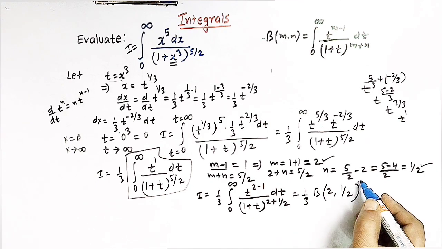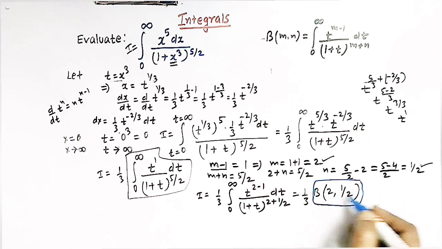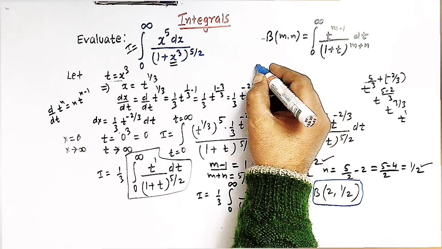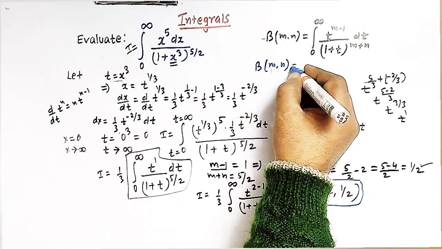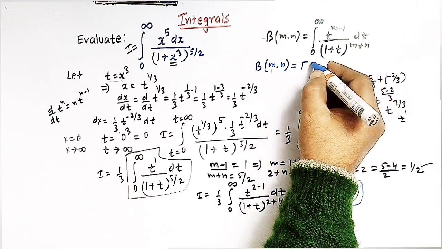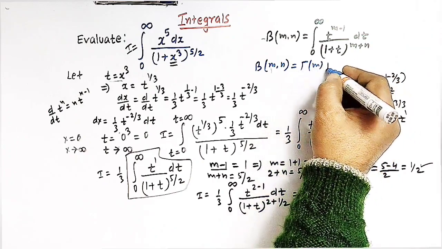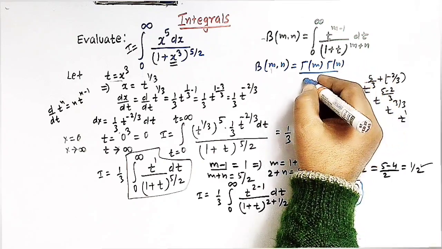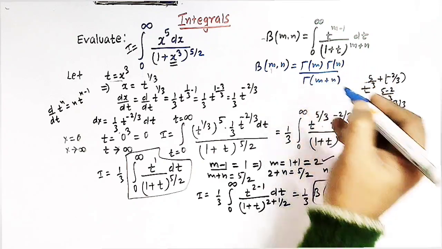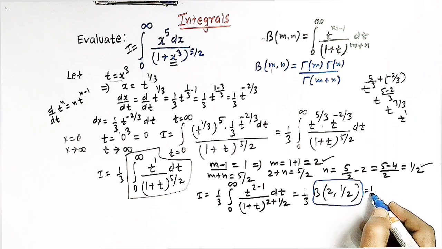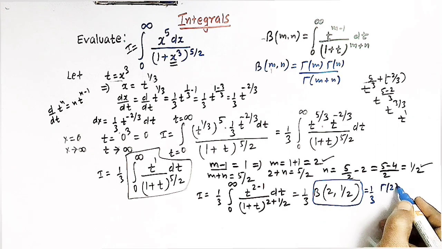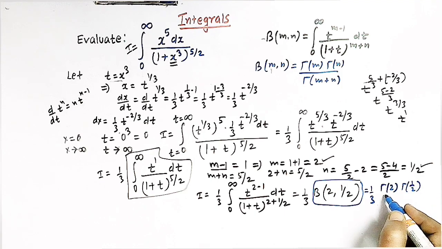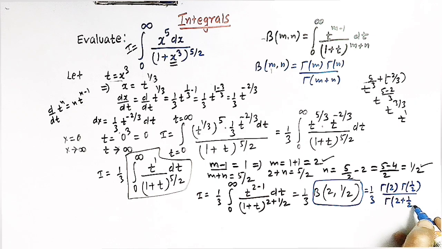So let us now calculate the value of this beta function with the help of this important relation between beta function and gamma function. So beta function is equal to gamma m times gamma n divided by gamma of m plus n. So here we have 1 over 3, and then we can now write gamma 2, then we have gamma half, and in the denominator we can write gamma of 2 plus half.